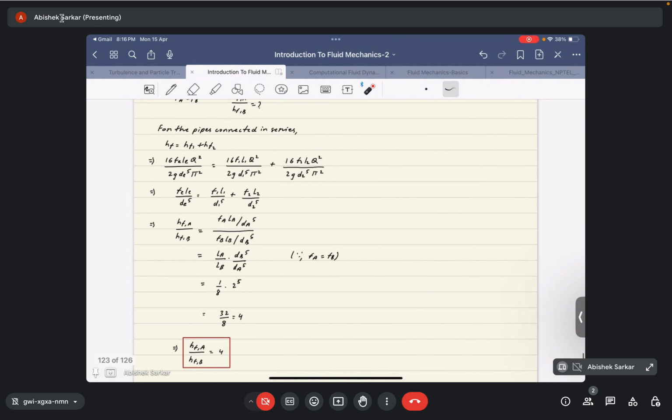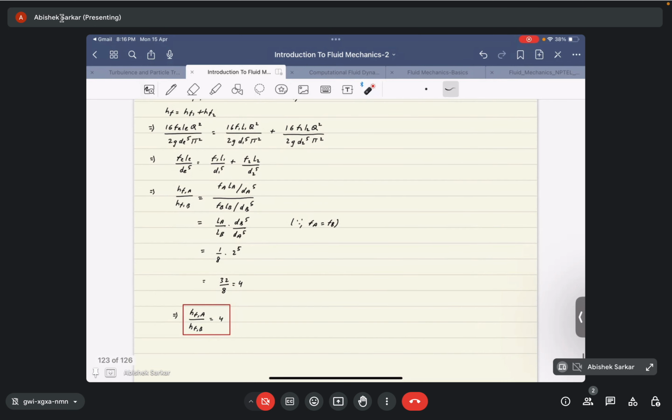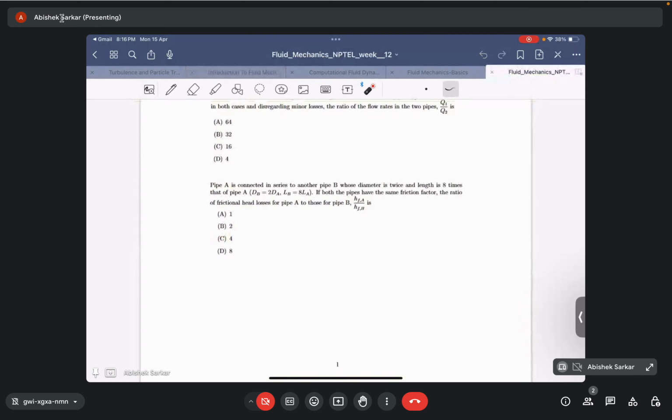So HFA by HFB will be equal to LA by LB into DB to the 5 by DA to the 5. Just substitute the values of LA by LB and DB by DA. So we get 1 by 8 into 2 to the power 5, which is 32 by 8, equal to 4. So we have HFA by HFB equal to 4. The correct answer in this case would be C, which is 4.